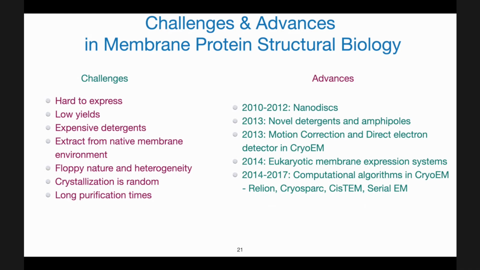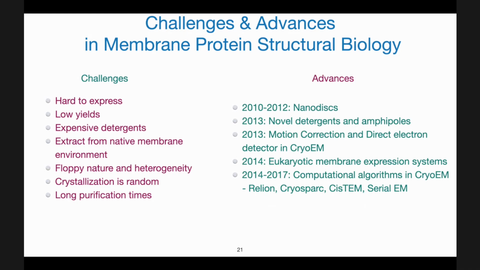However, to overcome these challenges, we have also got advances in the field. For example, we have nanodiscs, which can reconstitute proteins into a native-like environment, and we have amphipols and novel detergents which can extract them easily. Besides that, from 2013 we have had lots of advancements in electron microscopy, cryo-EM especially, and advances in eukaryotic membrane protein expression systems.